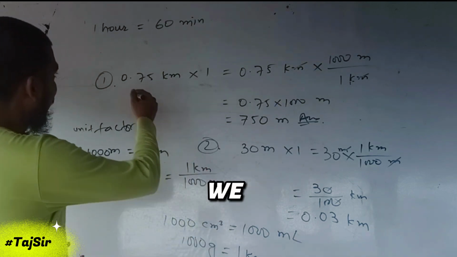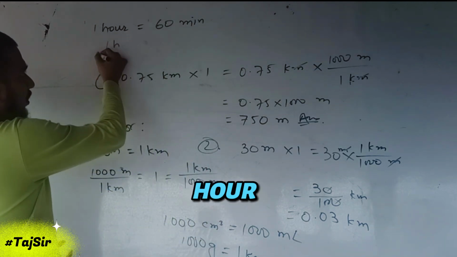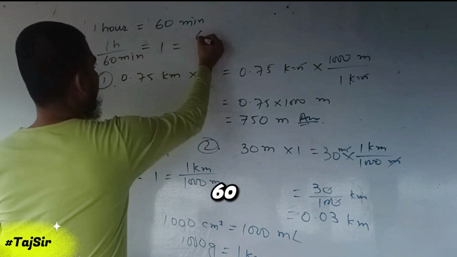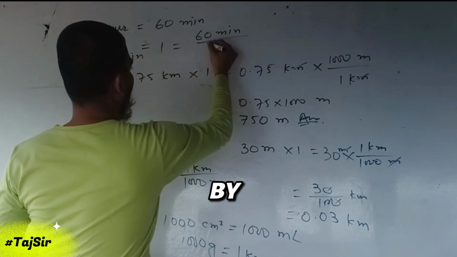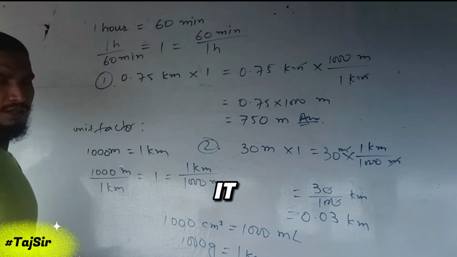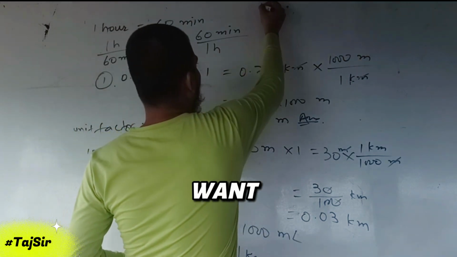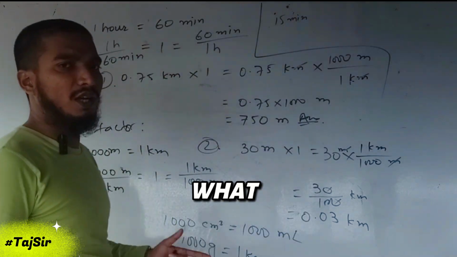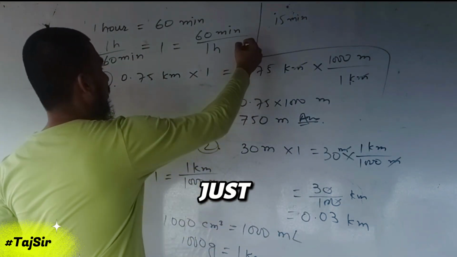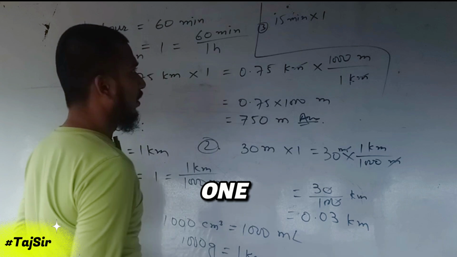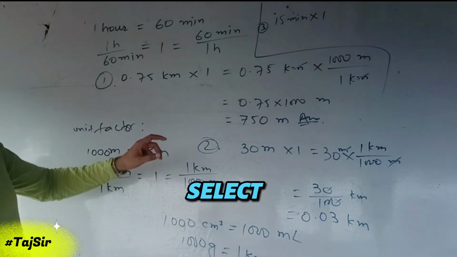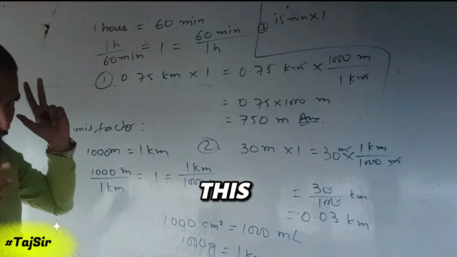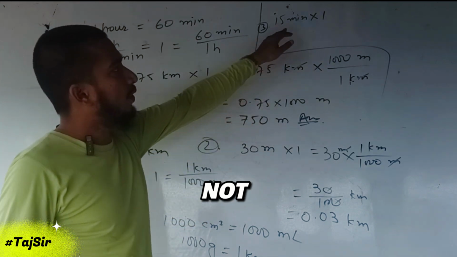How? We have the unit factor: 1 hour divided by 60 minute equals 1, or we can write it as 60 minute divided by 1 hour. That's it. Now if we want to convert 15 minutes into hours, we just multiply it with 1. We want to select one of these two unit factors in such a way that we do not have minute.